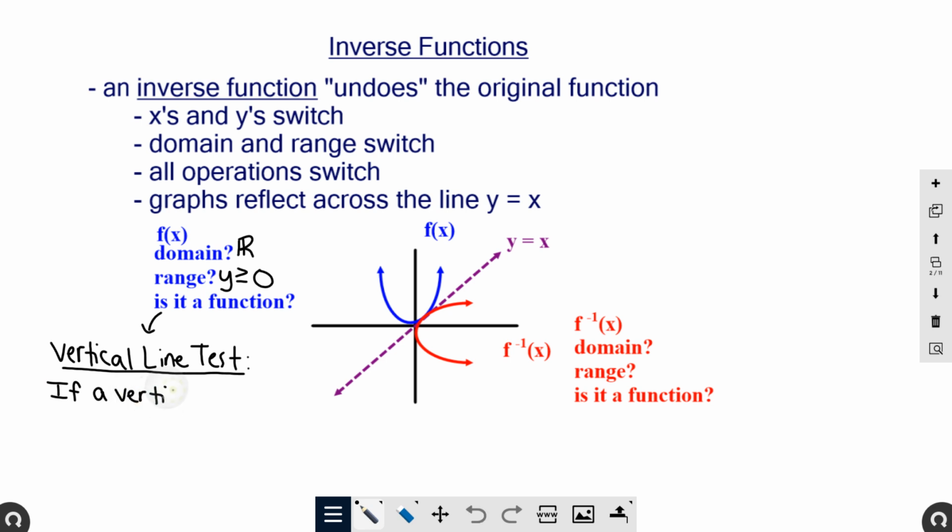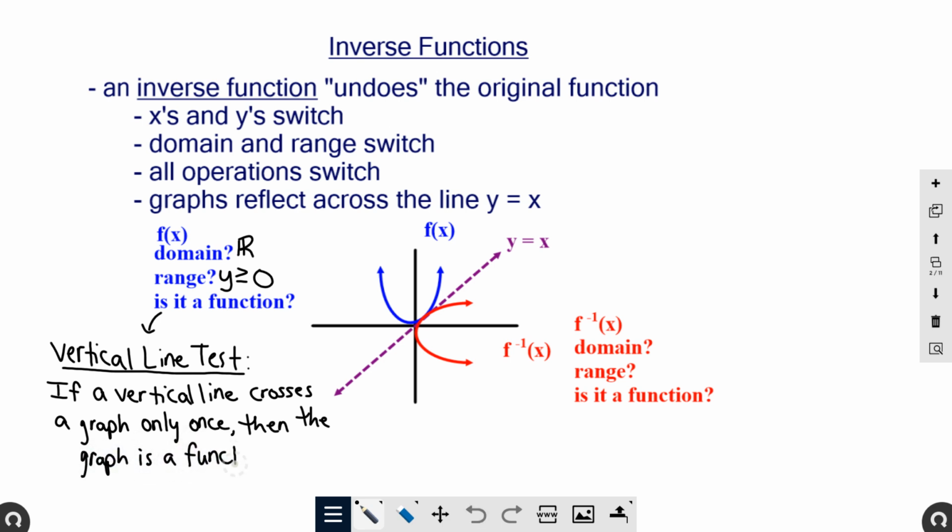The vertical line test says if a vertical line crosses a graph only once, then the graph is a function. So for this parabola, it would be yes.